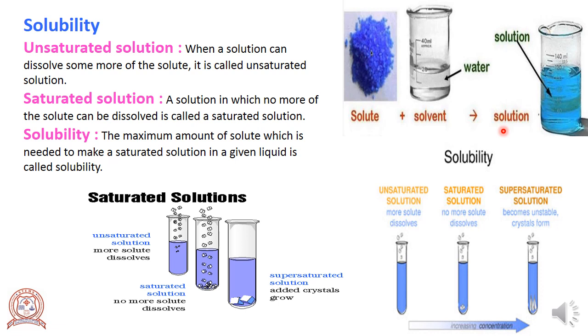For example, salt and sugar are soluble in water. Like that, insoluble substances are those that do not get dissolved in a liquid. For example, sand and chalk are insoluble in water. So, now you understood what is solute, solvent and solution.